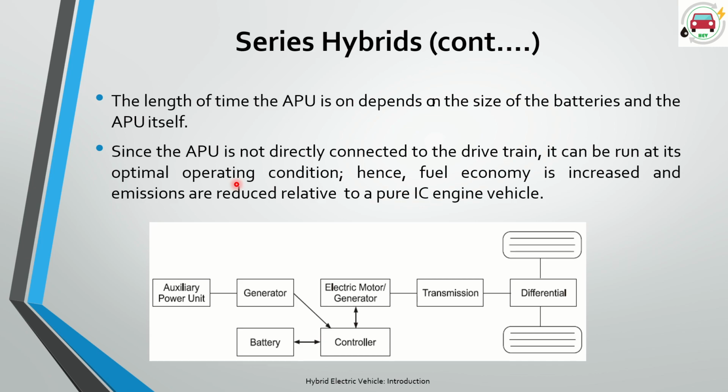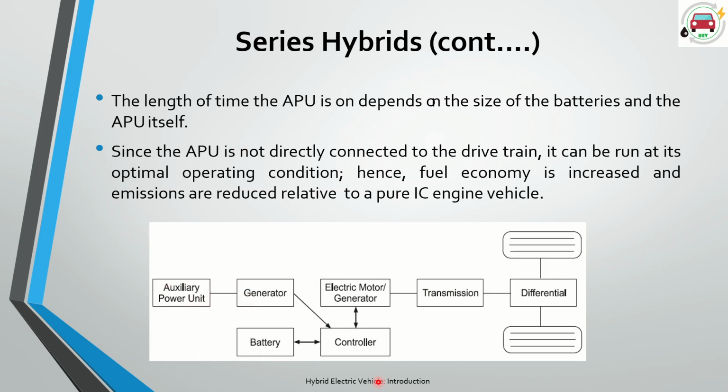If the engine is charging the batteries for half an hour, then only for half an hour the engine, or the APU, will work. Okay, and after that it will get shut down, and only on the electric current which is available in the batteries the vehicle will run, right?